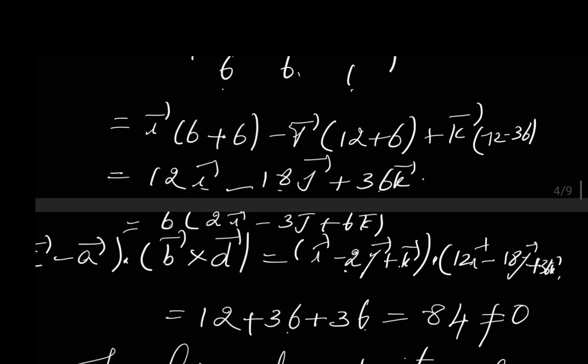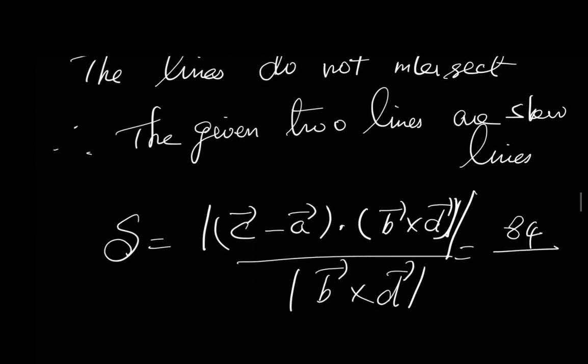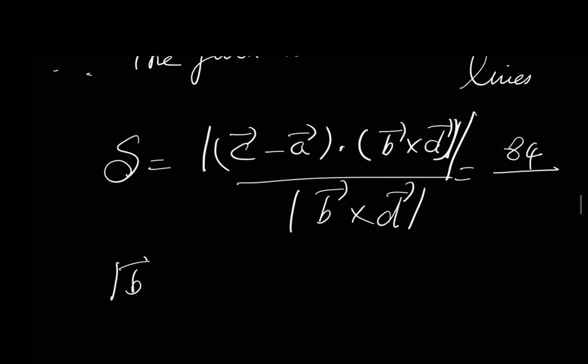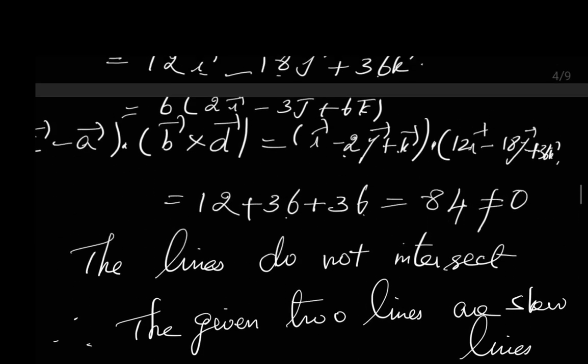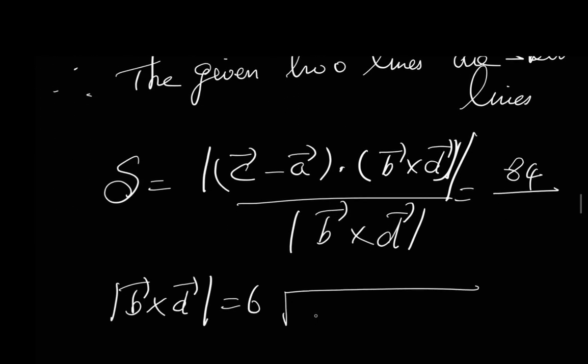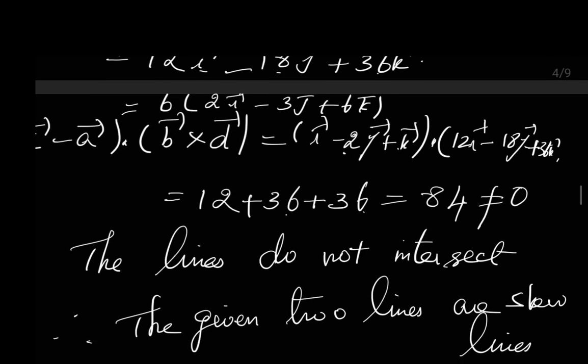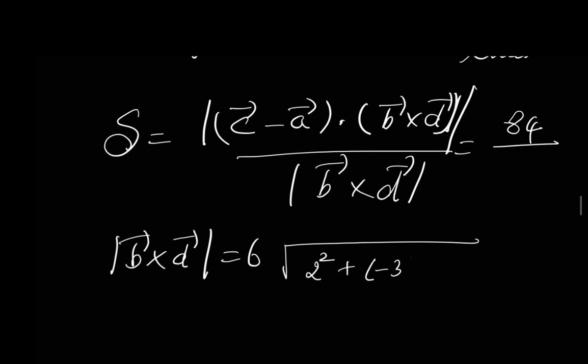So for the modulus of B cross D, you can just keep this 6 as it is. Modulus B cross D is equal to 6, keeping 6 outside, times the square root of 2 square plus minus 3 square plus 6 square.